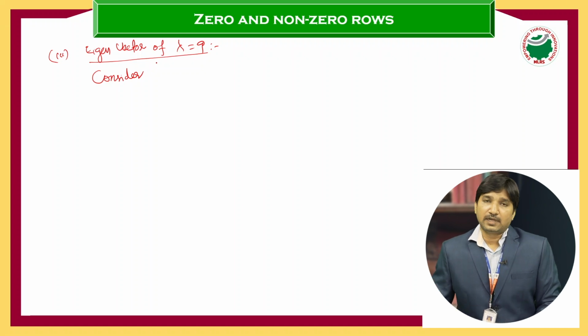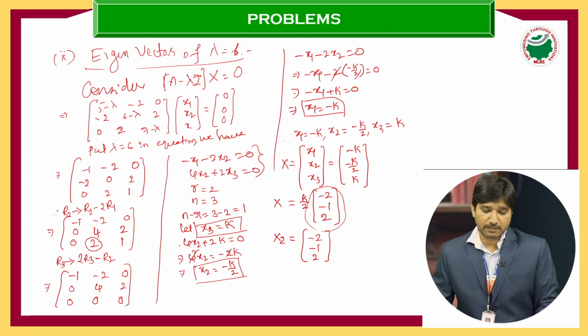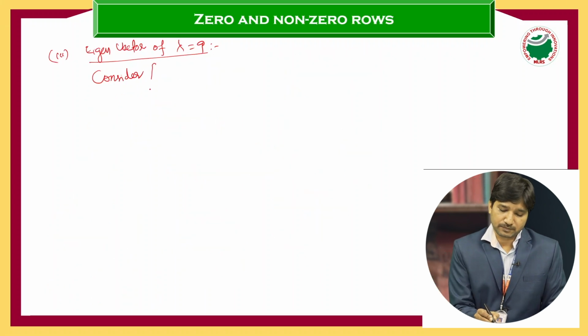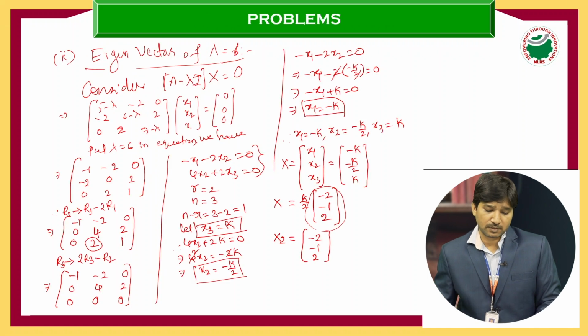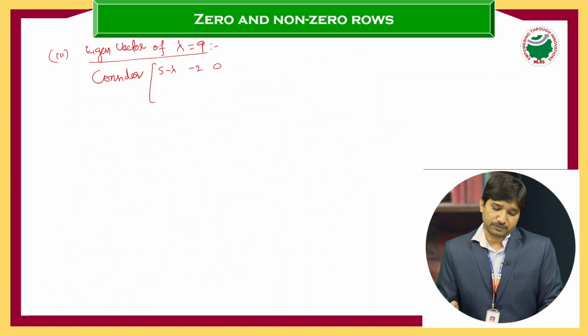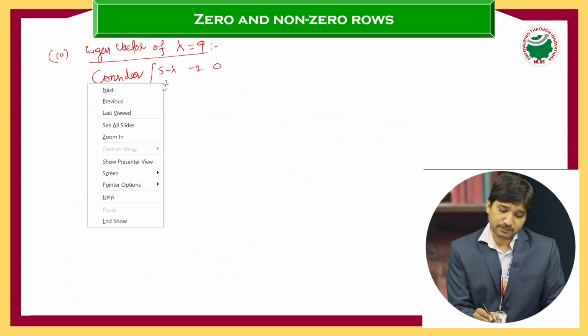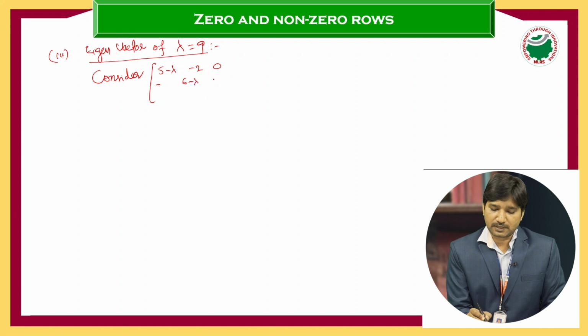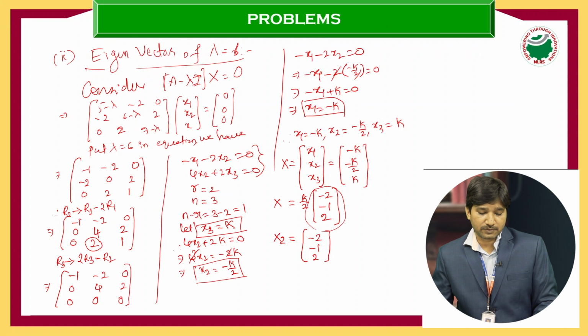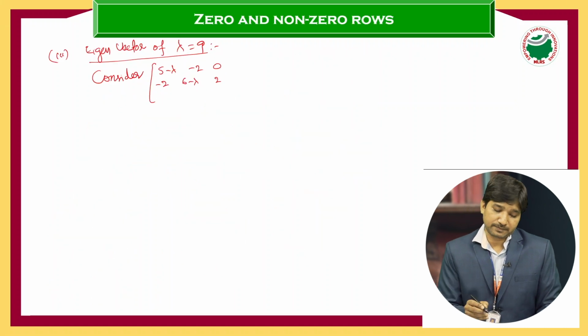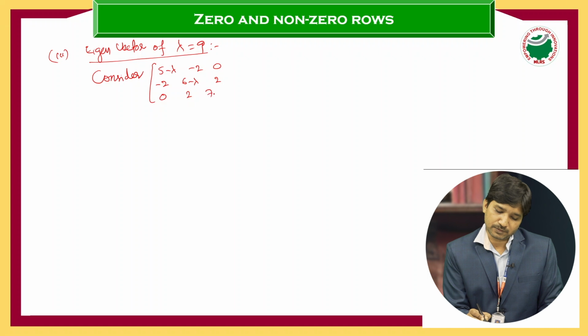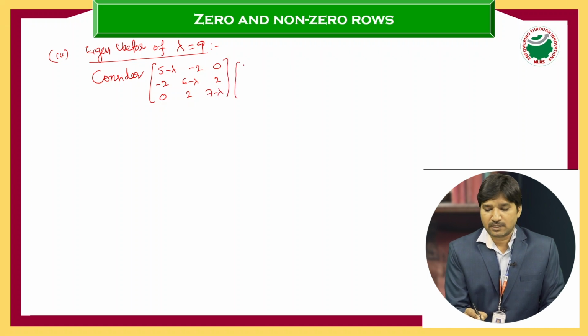So the A minus lambda I matrix, consider the system. The matrix is [5 minus lambda, minus 2, 0], [minus 2, 6 minus lambda, 2], [0, 2, 7 minus lambda], and the eigenvectors are x1, x2, x3.